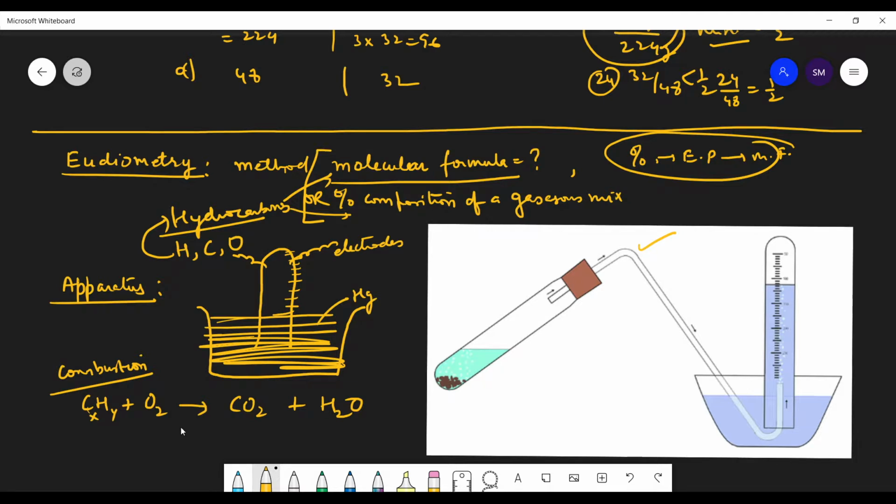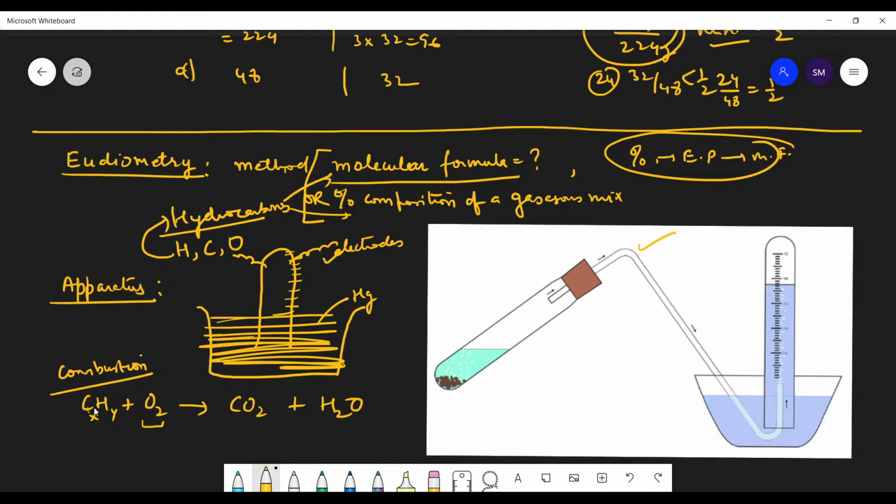So students, this mixture is introduced in the tube, and air is also introduced because for combustion you need oxygen. Now you can do the combustion with the electrodes or with the spark, so that carbon and hydrogen are oxidized.